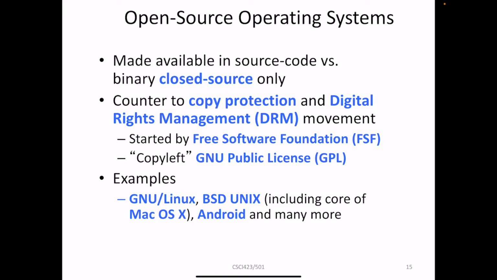Some students may ask, since we have closed source and open source operating systems, which one is better? Actually, there is a trade-off between these two types. First, let's look at closed source operating systems, such as Windows or Mac OS. The creators hide all the details from the normal user. Therefore, the closed source operating system is much more stable, with fewer bugs, and efficient compared to open source operating systems.